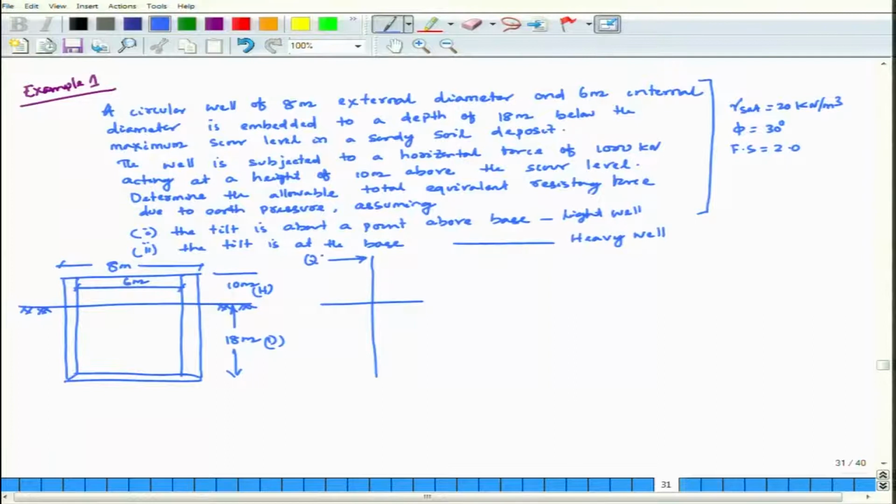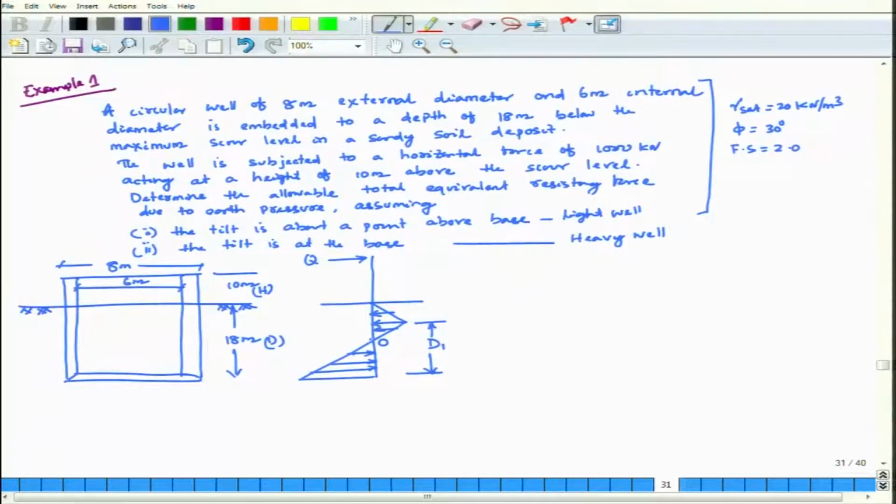This is the light well, this is Q. This acts at a distance, the point of rotation at point O, and this will be D1, and tilt is about a point above the base.